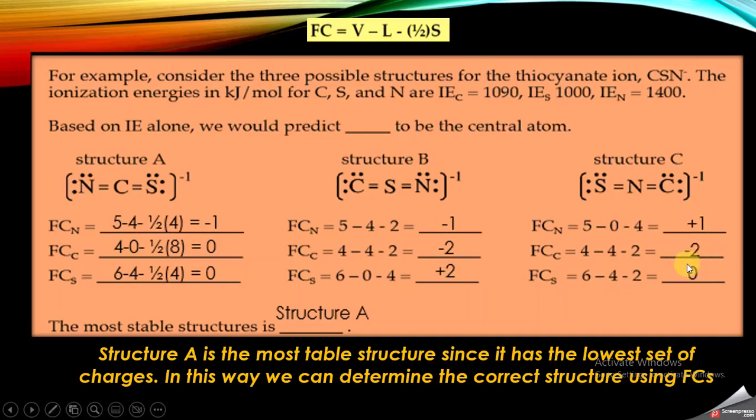So here you have to see which structure has the lowest set of charges. This one, structure A, has the lowest set of charges. So we can say that this one is the more stable structure. In this way the formal charges predict the correctness of the Lewis diagram.